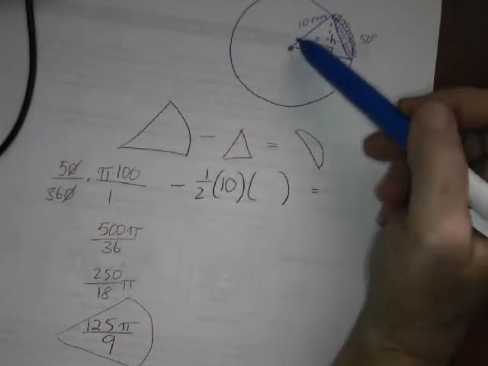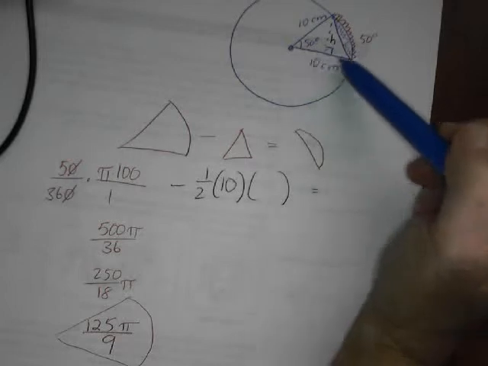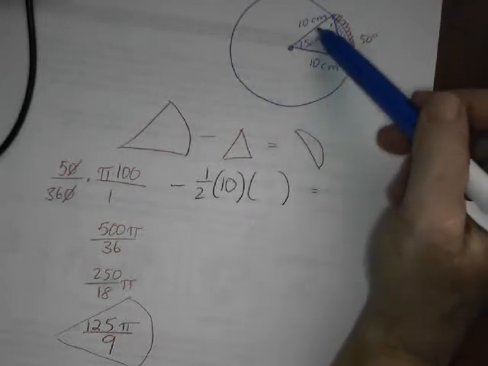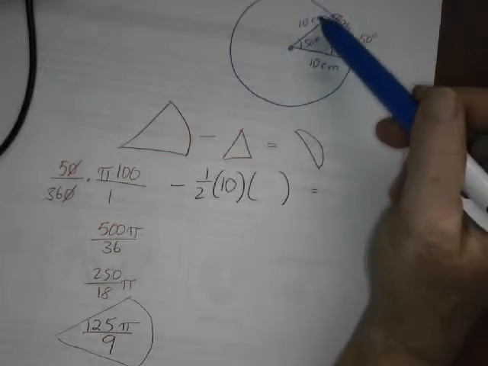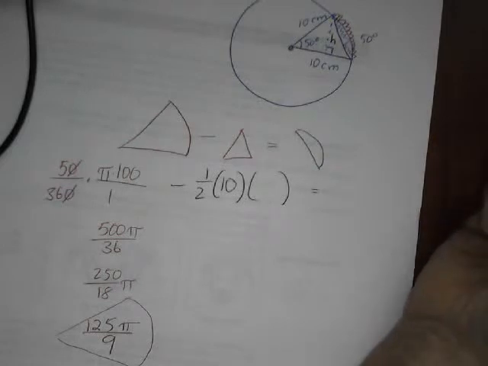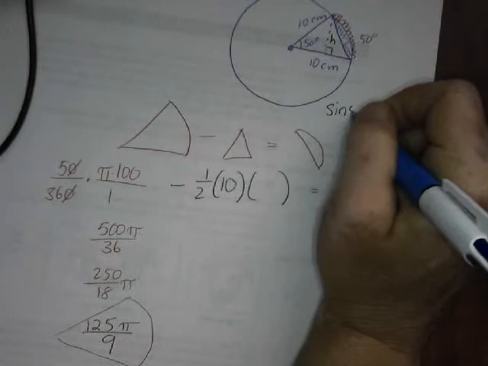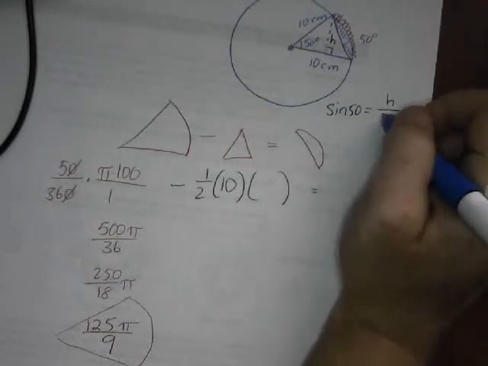I have 50, and I'm going to use this 10. I don't want to use that one because it's not like that's 5 and that's 5. So I'll just use this one because I know that's going to work. So opposite and hypotenuse, so that's sine. Sine of 50 equals opposite over hypotenuse.